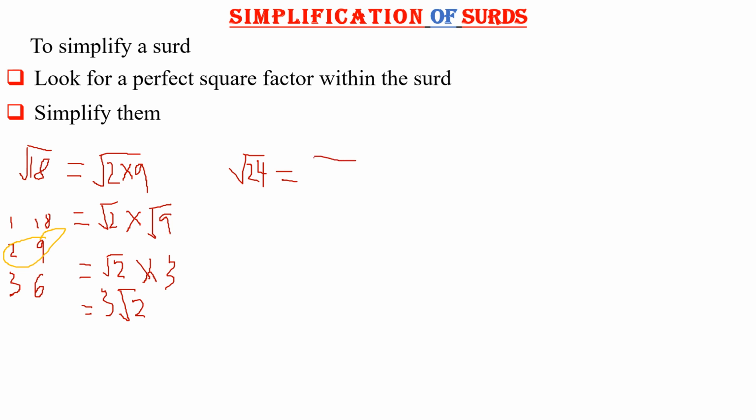Therefore, the square root of 24 can be expanded as the square root of 6 times 4, which will be equal to the square root of 6 times the square root of 4, and that will be equal to the square root of 6 will be square root of 6, the square root of 4 will give us 2.